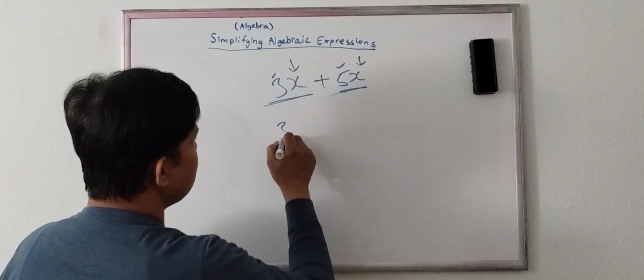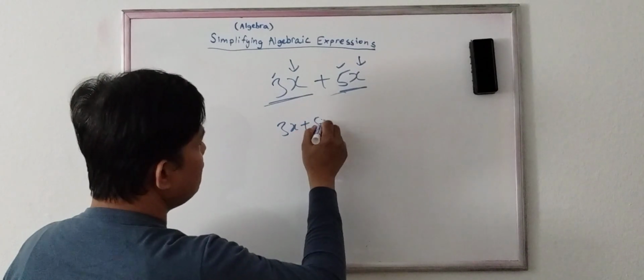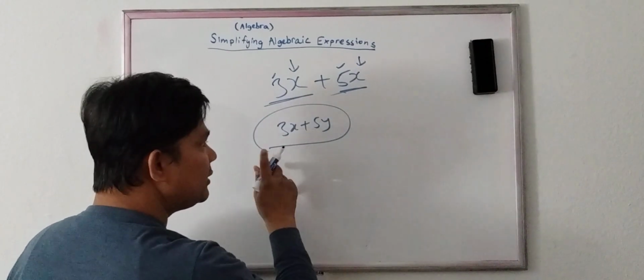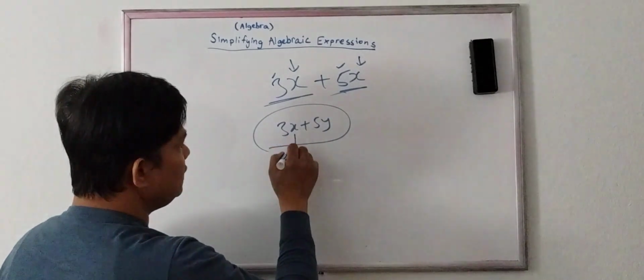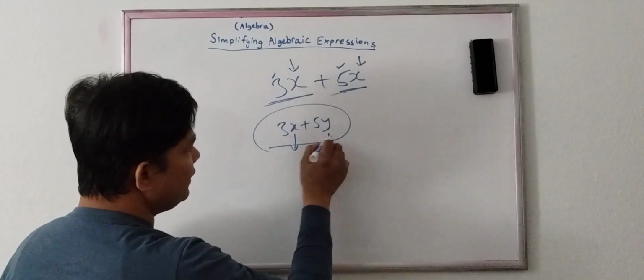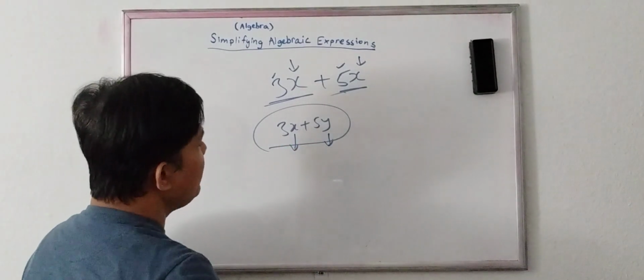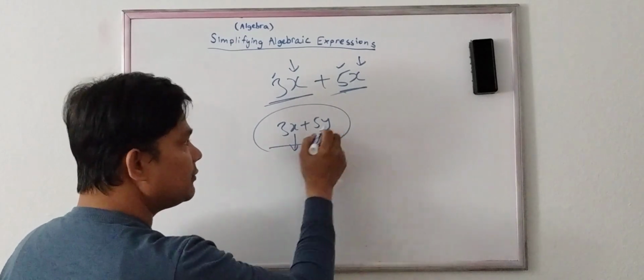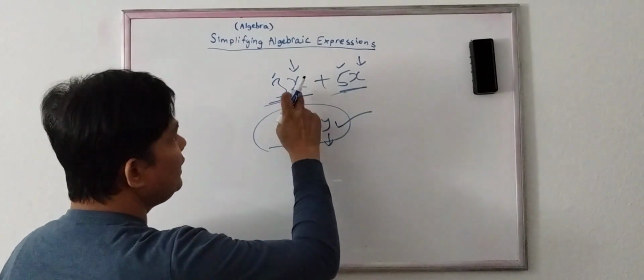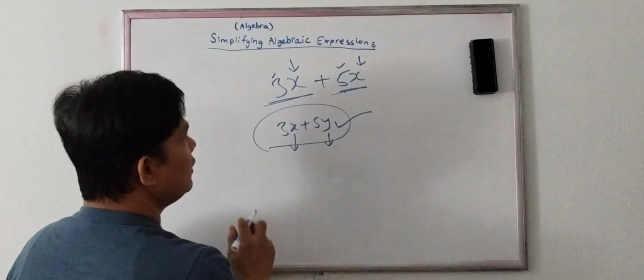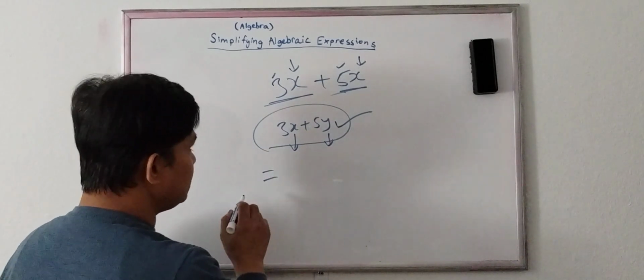So if I say 3x plus 5y, the answer will remain the same, because these two numbers 3 and 5 have different variables. So we cannot sum them, so the answer will remain the same. But if they have the same variable, we can do this.